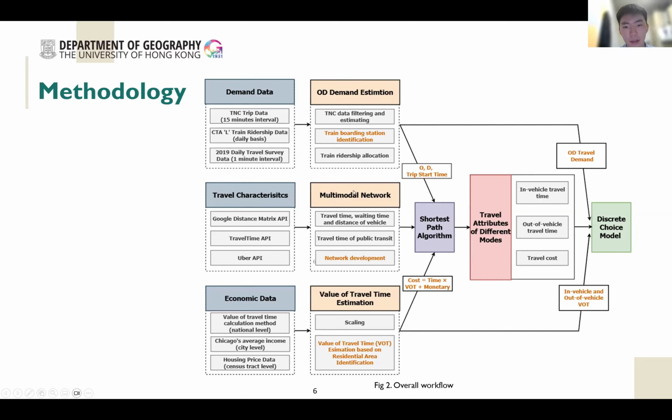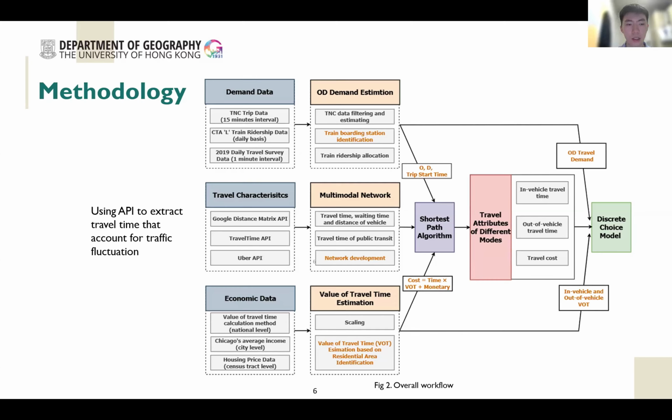The second is that we need to establish the multimodal networks incorporating the modes we want to study. So we use APIs like the Google Distance Matrix travel time API to calculate the travel times and distances, accounting for the traffic fluctuations within each hour.